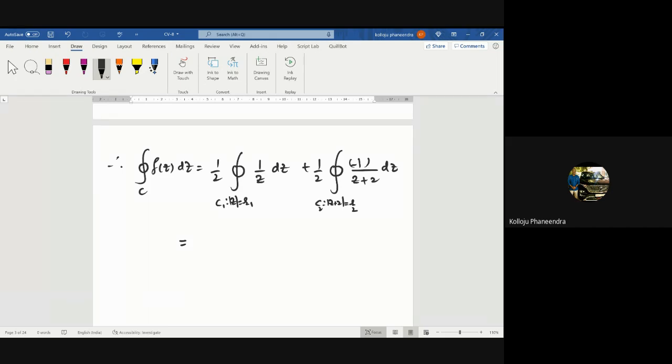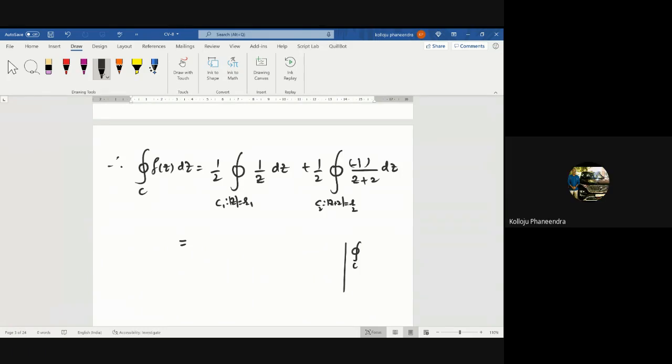We have not applied the Cauchy integral formula. If you apply the formula, the problem will be completed. I already told you one problem. What is that? 1 by 4.